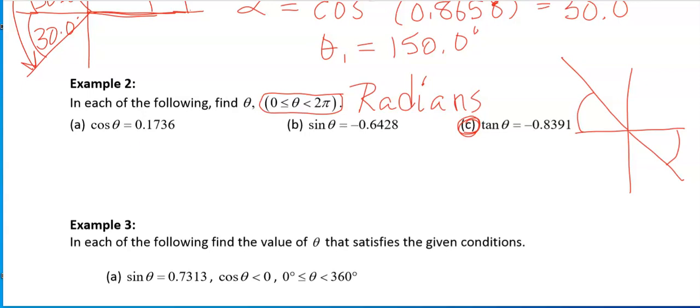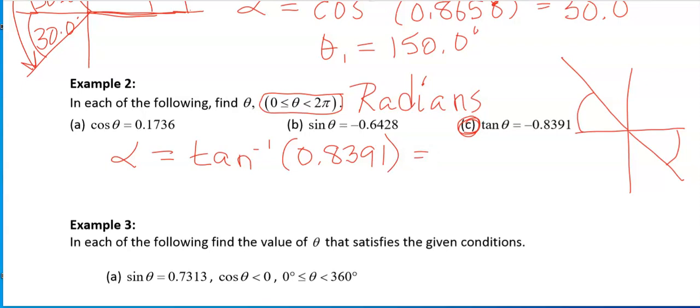All right, so here we go. Let's get my alpha. That is equal to the inverse tangent of, now again, do not use the negative. Drop the negative. Just go positive 0.8391. Now let me see what I get on my calculator.